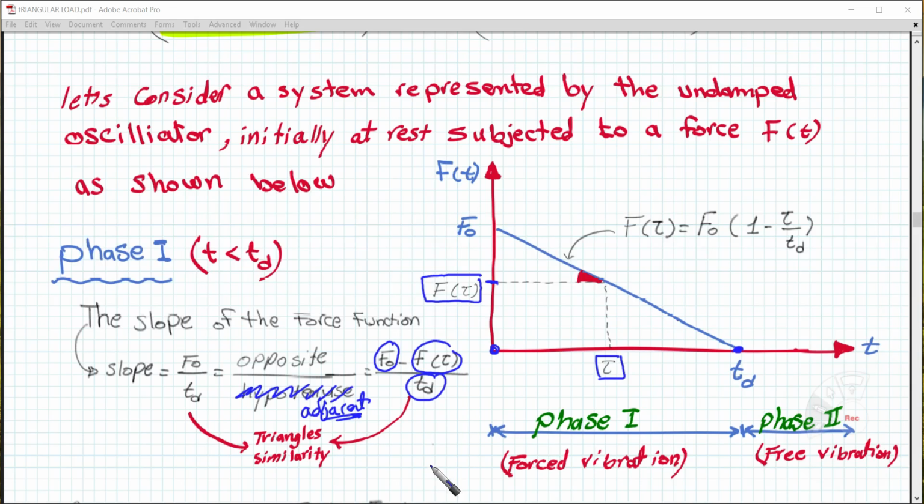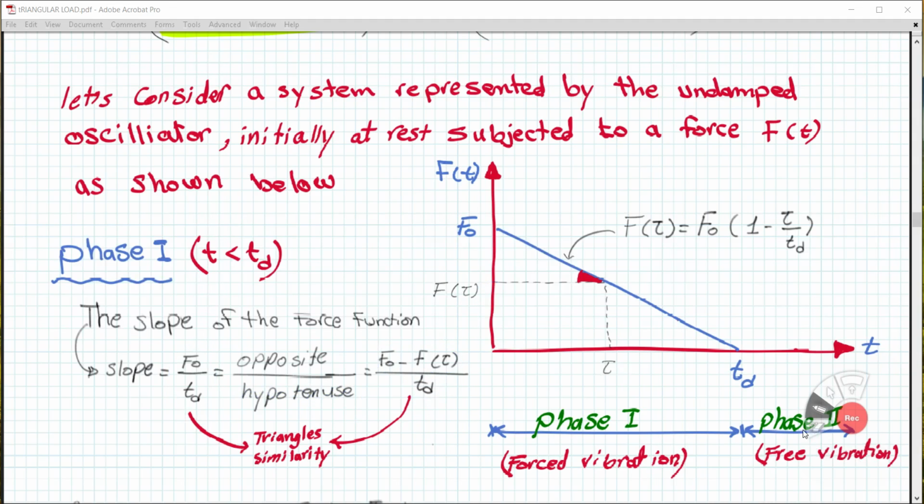This is based on the triangular similarity. We have f of tau here, and we have f node and td on the right hand side. Then we are going to rearrange this equation, putting f of tau on the left hand side and everything else on the right hand side.